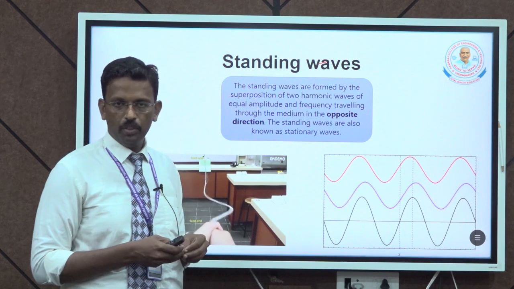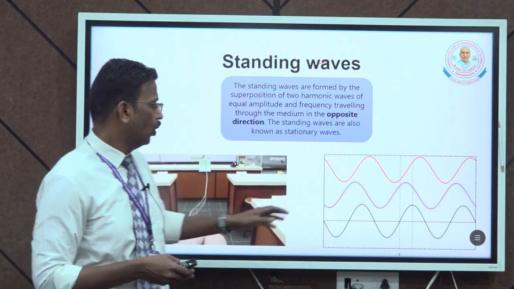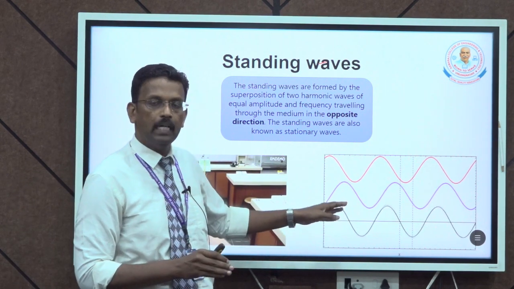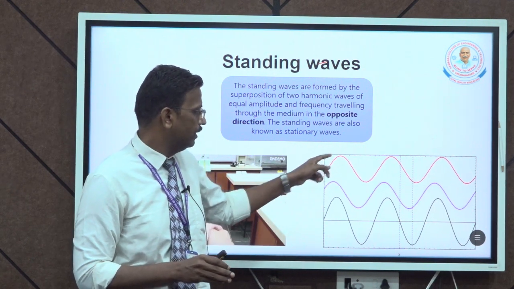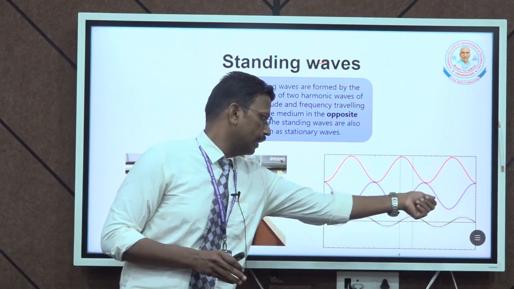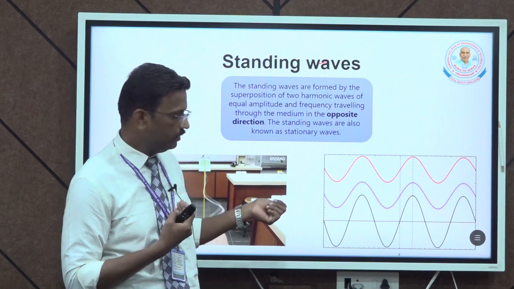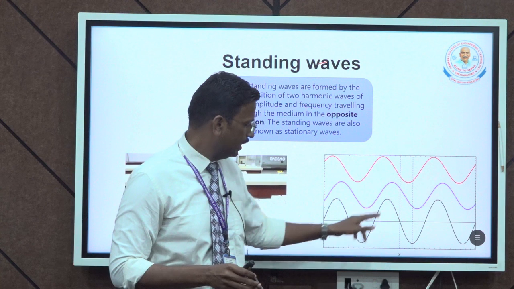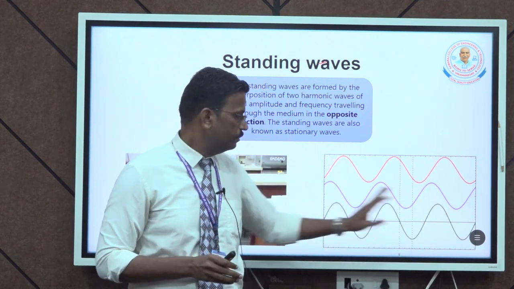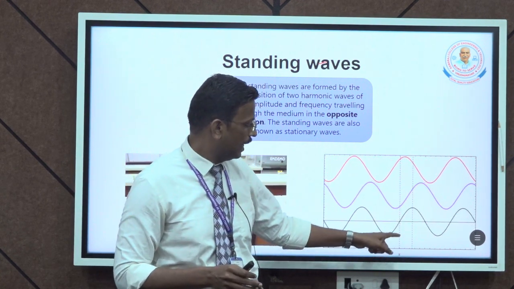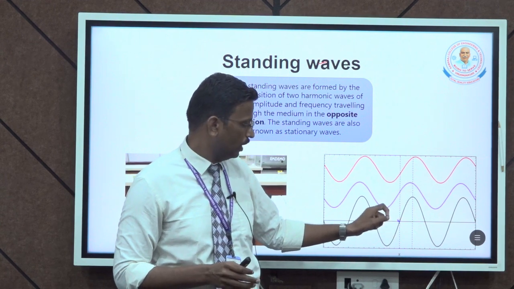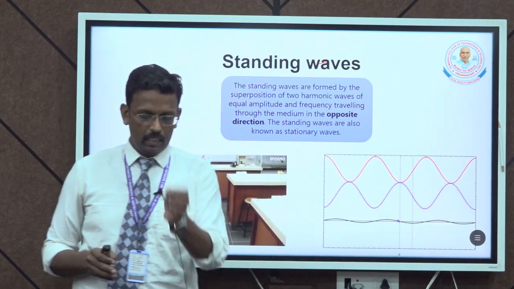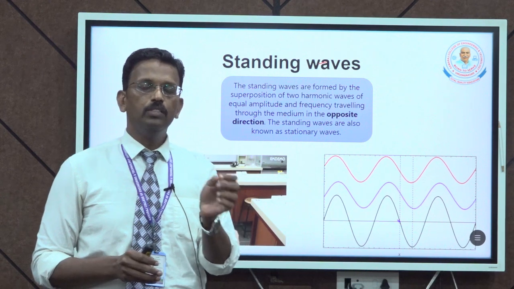This particular animation will clearly explain what is going on in the standing wave. Here you can see our progressive wave and that is our reflected wave. When these two waves are superimposed, we get a standing wave pattern like this. In this pattern, we can clearly see that at one particular point, the displacement of the particle is totally nullified.